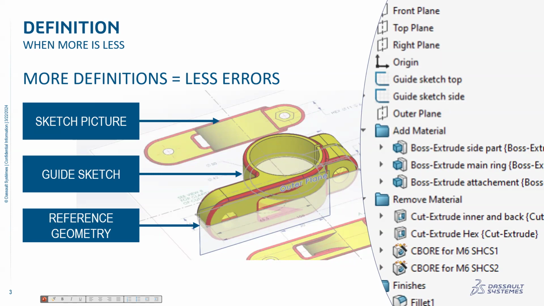And what unstable model means? This means when you are making a change somewhere in the model and then half of the features are getting broken. I'm pretty sure everybody has experienced this. Me too. It's nothing bad. It's the way we learn how not to do the things.